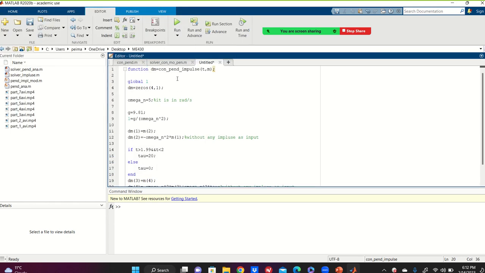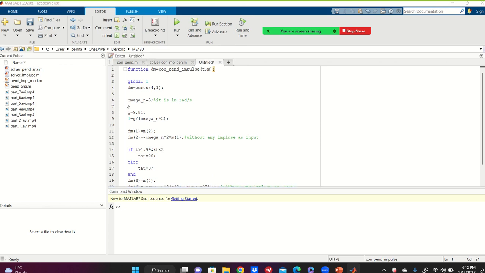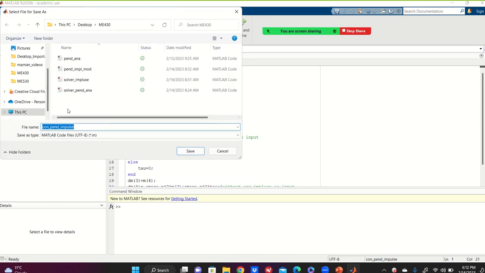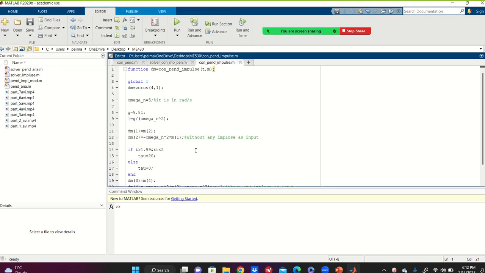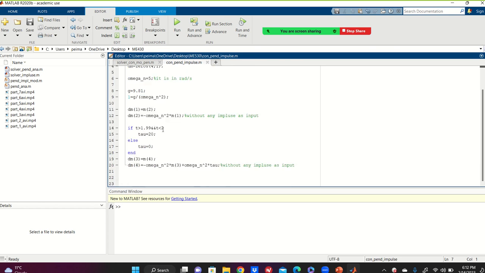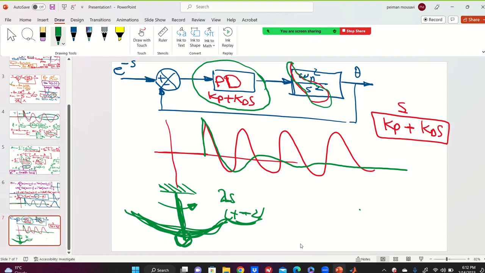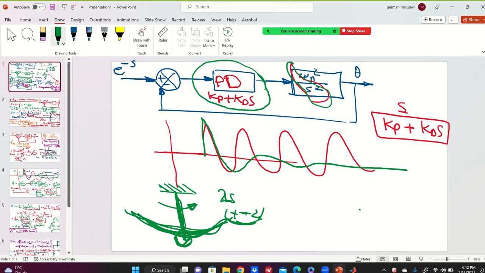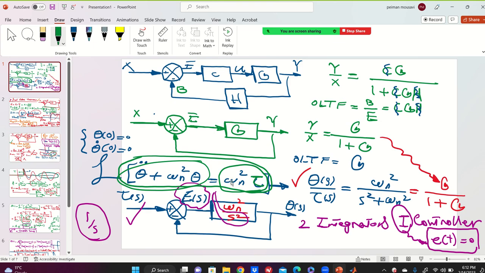Now I have to save it with this name, impulse. Here we go. So we don't need this. Let me double check everything. 1 millisecond. So why do I multiply by omega n square? Look at here, guys, because of this. Do you see this?